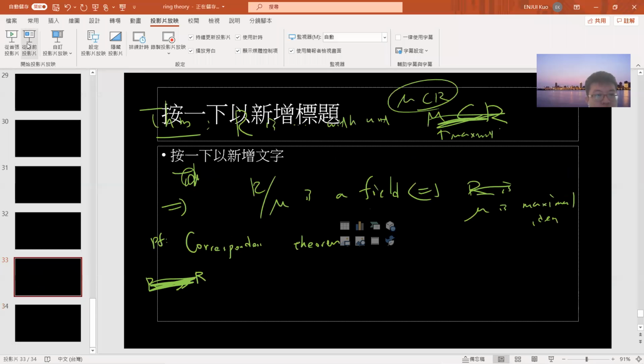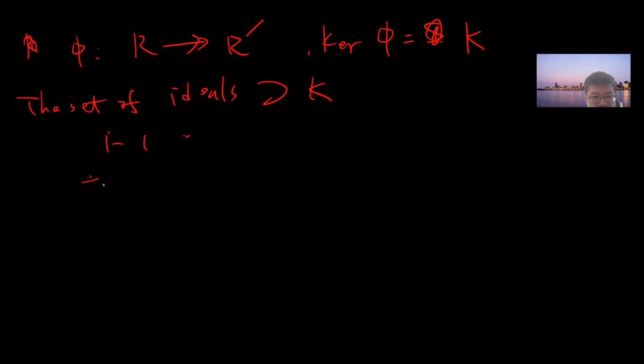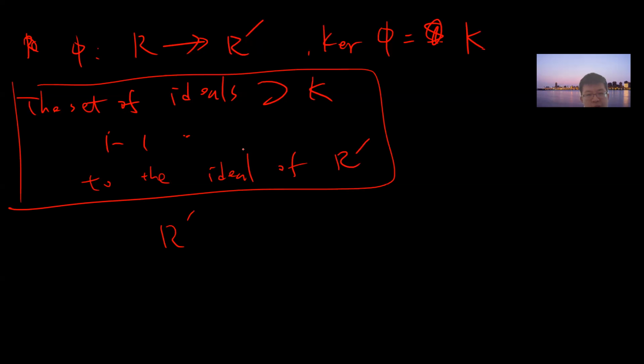If you have an onto ring homomorphism phi from R to R prime, and you take the kernel, let's say K, then the correspondence theorem says that the set of ideals containing K is one-to-one with the ideals of R prime. And also, by the isomorphism theorem, R prime is isomorphic to R quotient K.